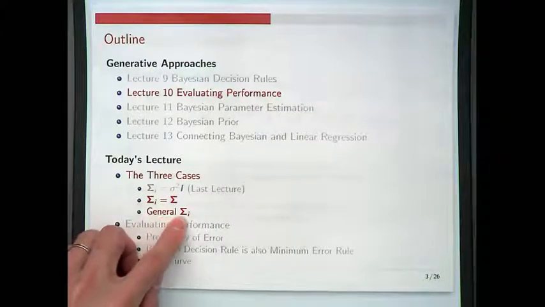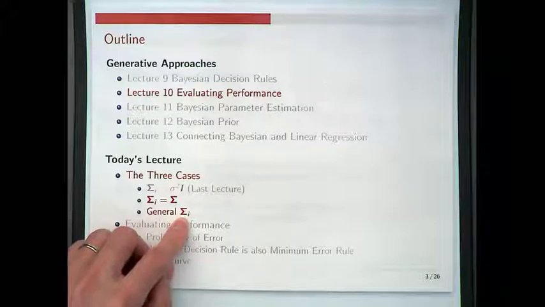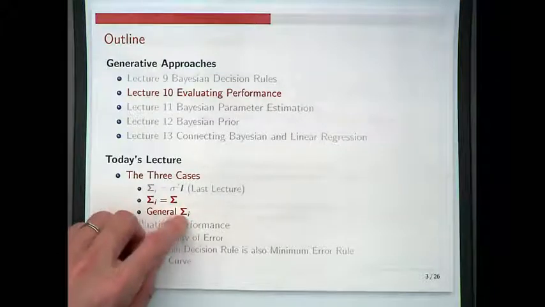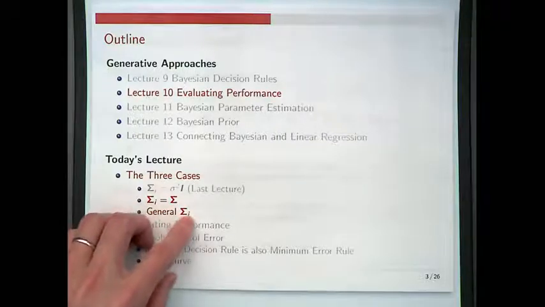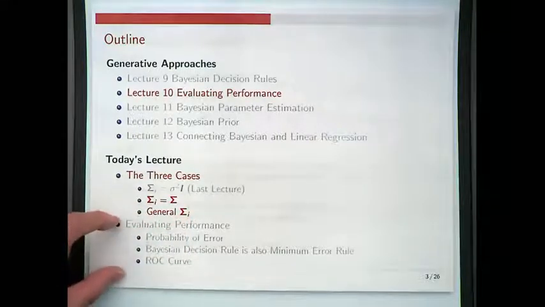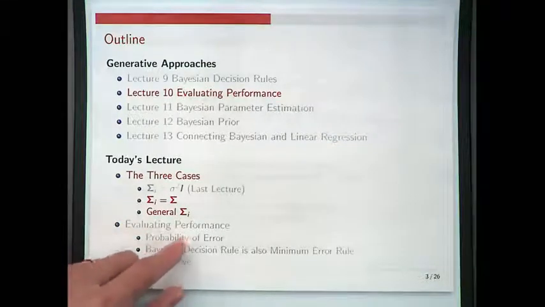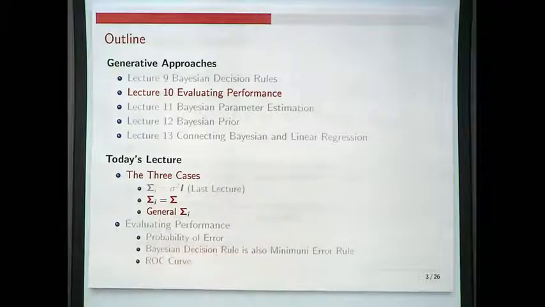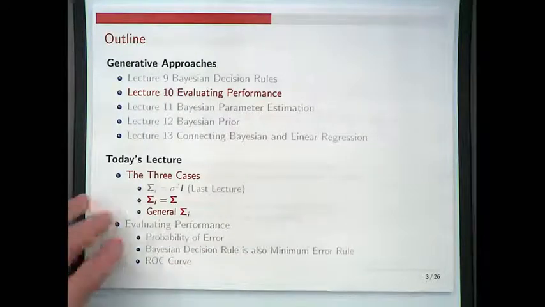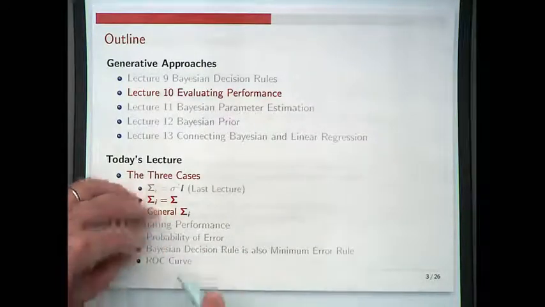The third case is when you have general covariance matrices. In that case, we are going to show that the decision boundary will become a quadratic equation rather than a linear equation. Now, in the second half of this lecture, we will spend time talking about the probability of error and then the Bayesian decision rule as the result of minimum probability of error. And of course, the ROC curve.